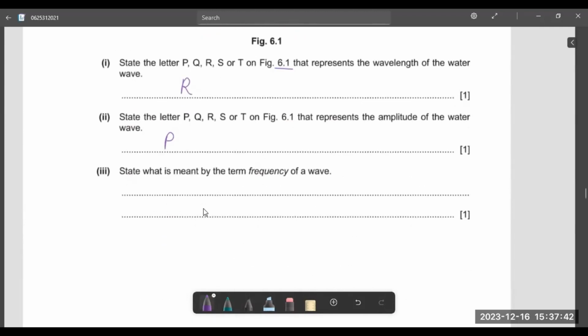State what is meant by the term frequency of the wave. So frequency of the wave refers to the number of complete cycles or oscillations that occur in a given unit time.